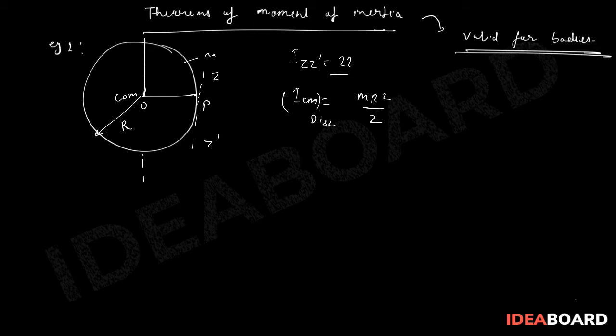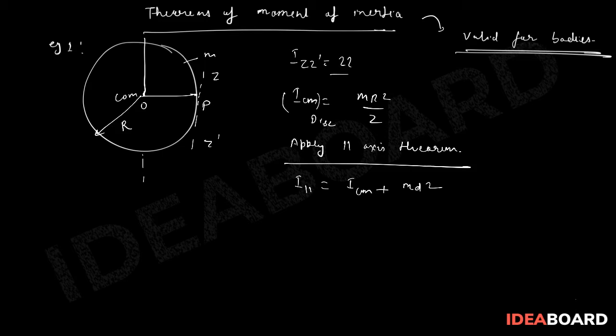So if we know this result, then we can apply the parallel axis theorem. So if you apply the parallel axis theorem, you can write I parallel is equal to ICM plus md square. So obviously this is the perpendicular distance, which is equal to r itself.